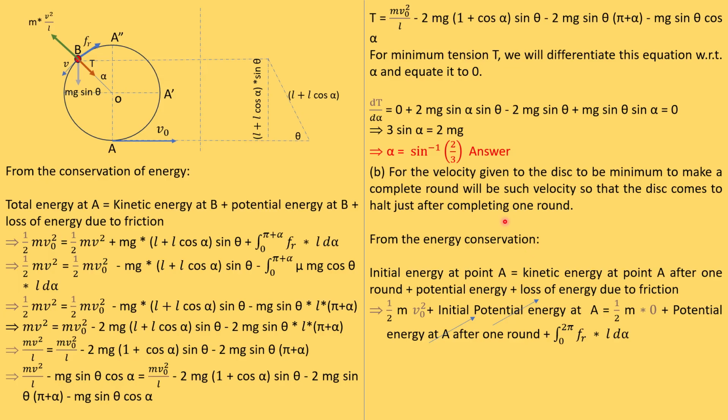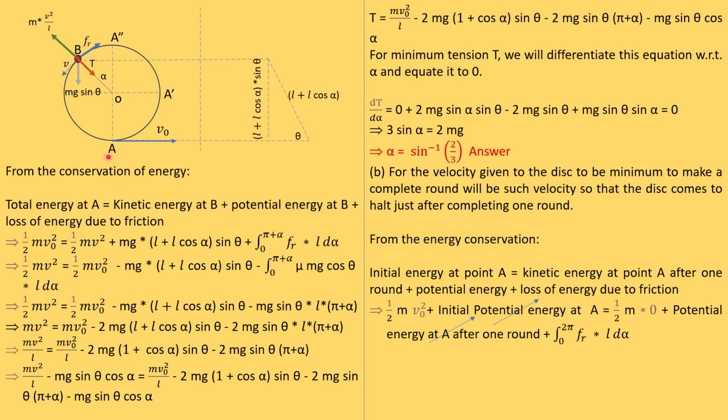Now part B of the question is asking with what minimum velocity it should be given so that it completes one round. So we can say that it is given a minimum velocity so that it just completes one round and comes to a halt coming back to A. So again we will apply energy conservation.